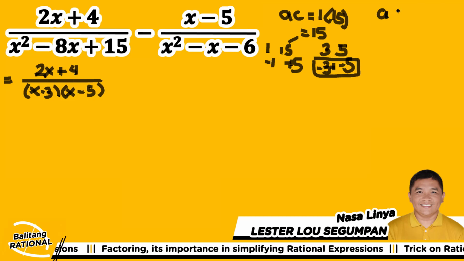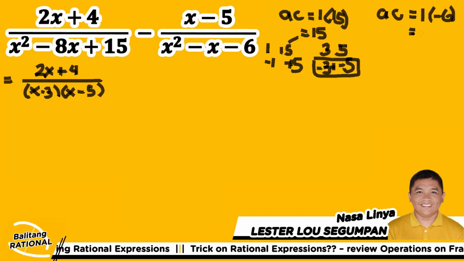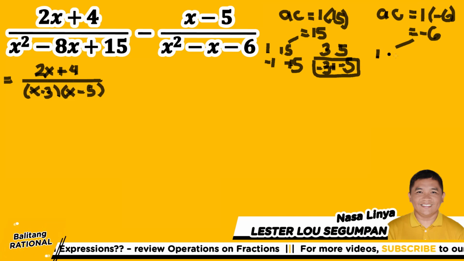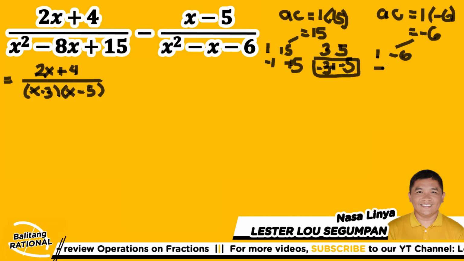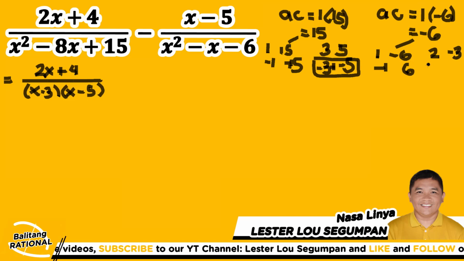Yung AC way natin is 1 times negative 6, which will give us a result of negative 6. The factors of 6 can be 1, of course, and negative 6 as given. We could also try negative 1 and positive 6. We could also try 2 and negative 3, as well as negative 2 and positive 3.